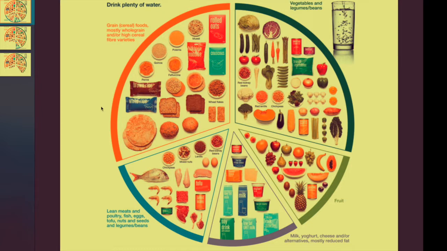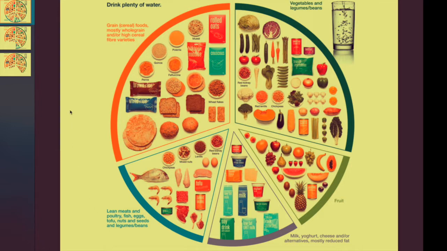So this consists of your oats, your muesli, your breads, your rices. If we go into the right hand side circle, we have our vegetables and legumes and beans. Down the bottom we have fruit. Down here again we have milk, yogurt and cheese. And then we have our kind of protein square.